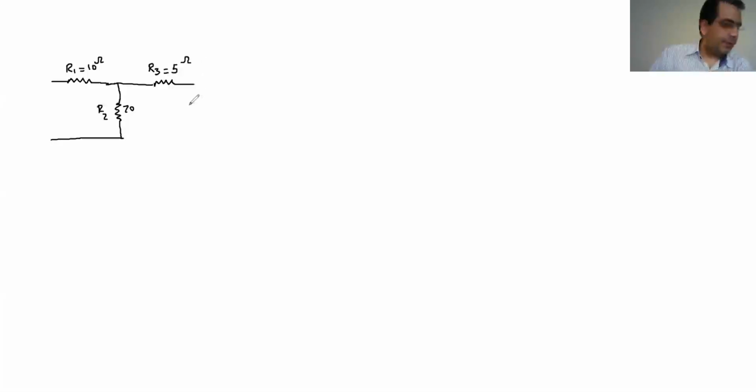Assume I have a circuit like that, with R1, and then there is R2, which is 20, and then R3 is 5, and it's 4.